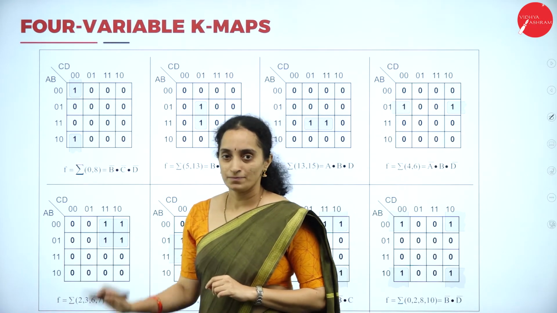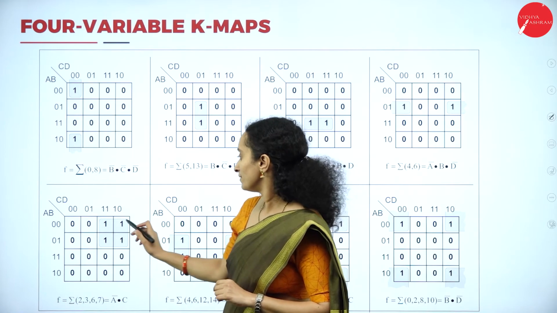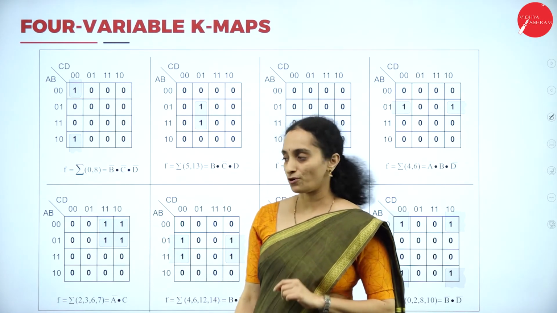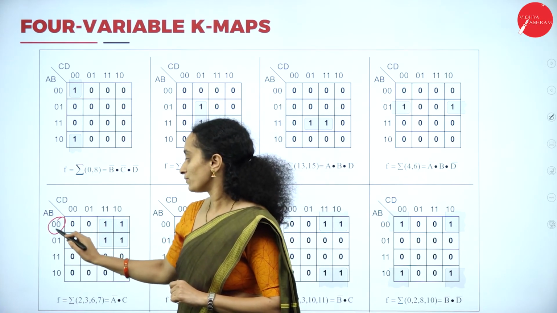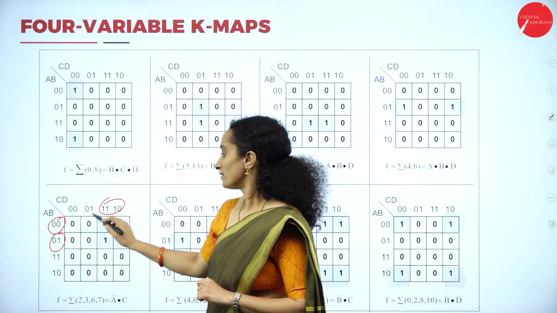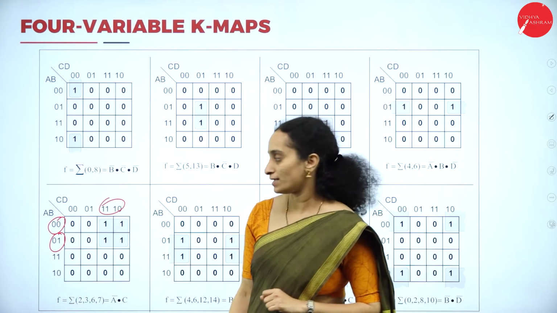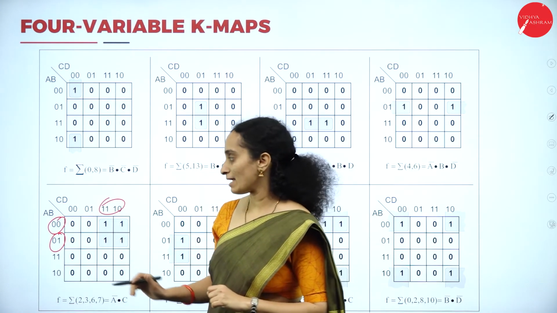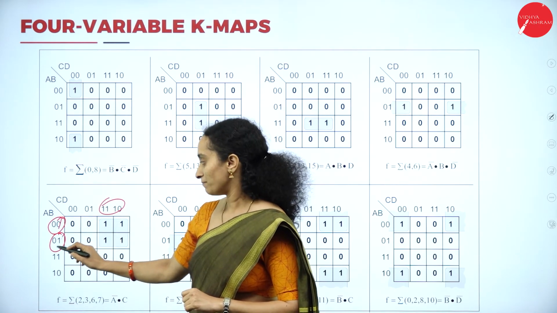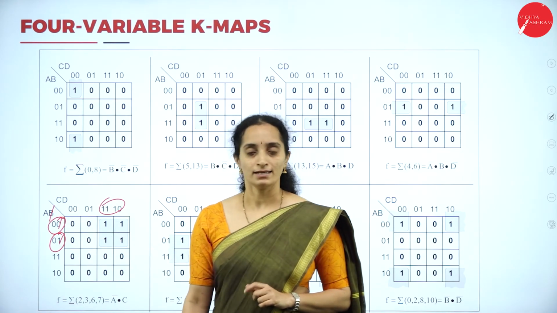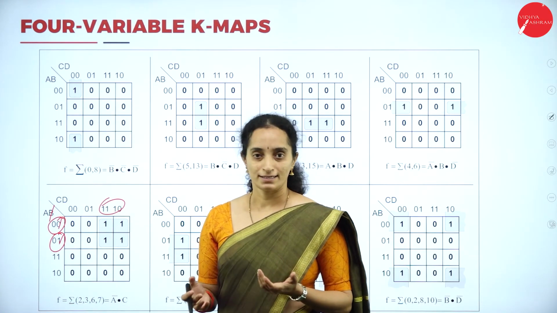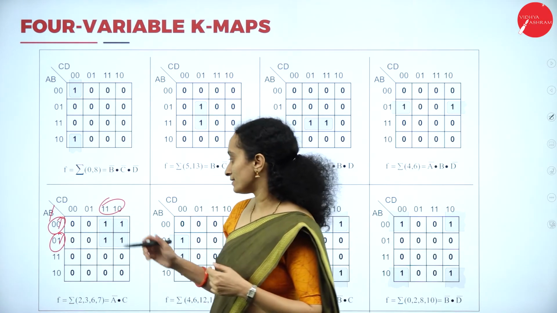Let's go to the fifth example. In fifth example, we have the group of 4 ones. You have to check with these combinations. Now we have A remaining in the same complement state and B changing the state. B will be taken back or B will not be considered.